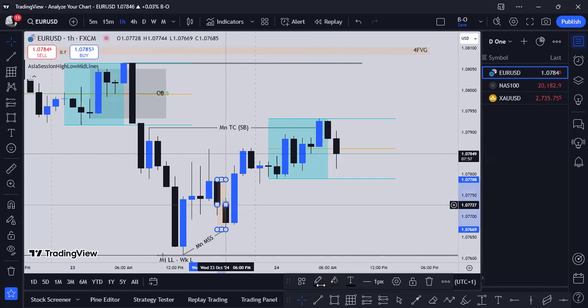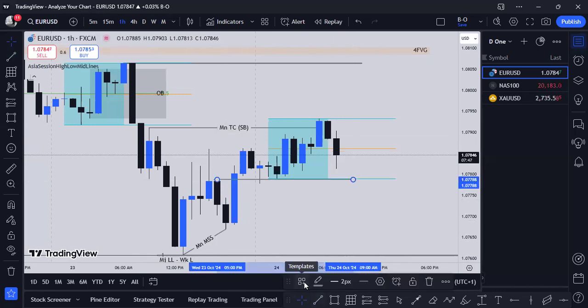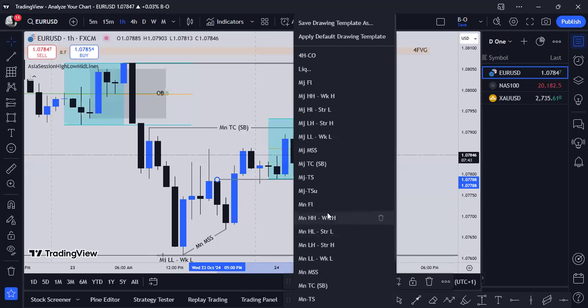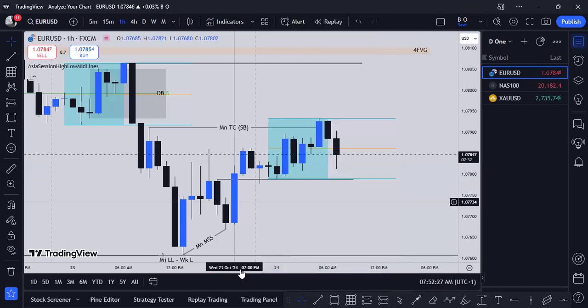So let's use this to mark our, as we can see in the midnight through the Asian range, Asian session, we have a tap into that imbalance. But we can expect a deeper tap.